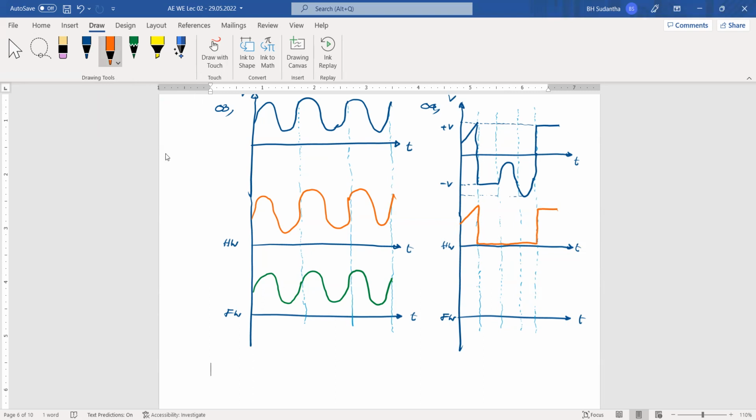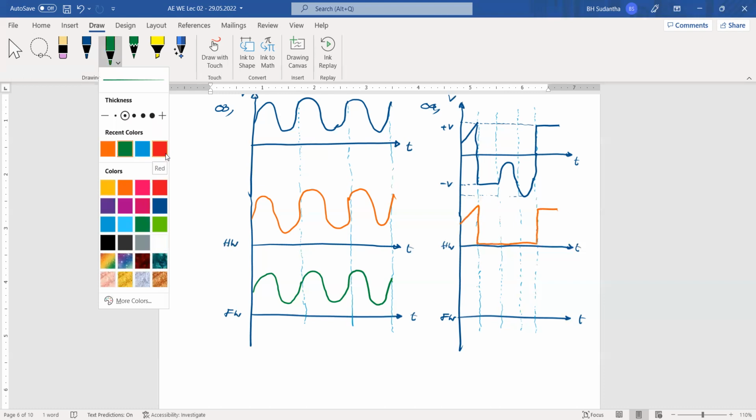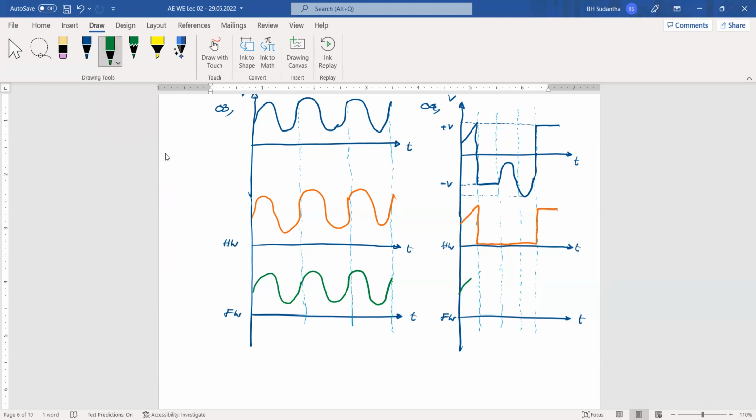With the full wave rectifier, the positive side is also there, like this. Then after that, this part is also there, this, and this one.